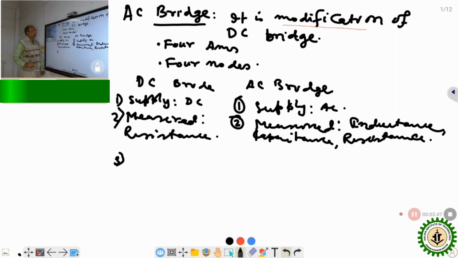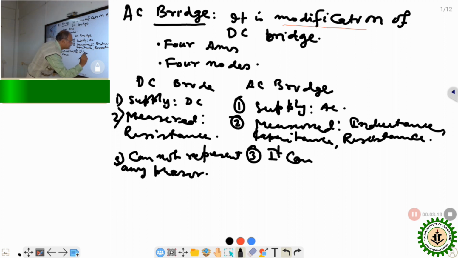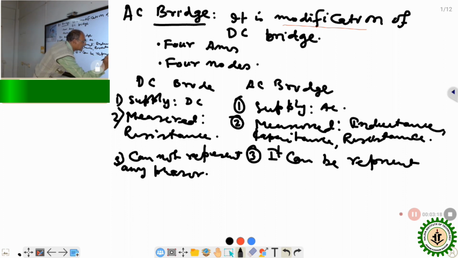Number 3. Here it cannot be represented by any phasor, but it can be represented by a phasor diagram.